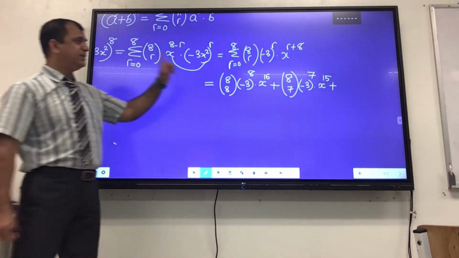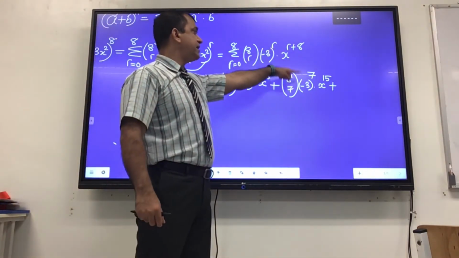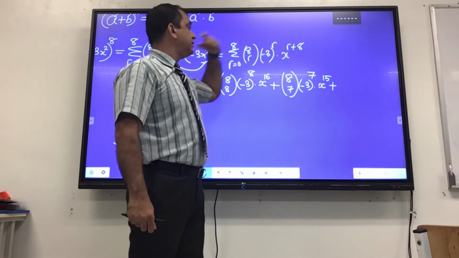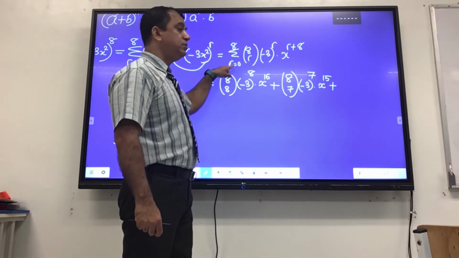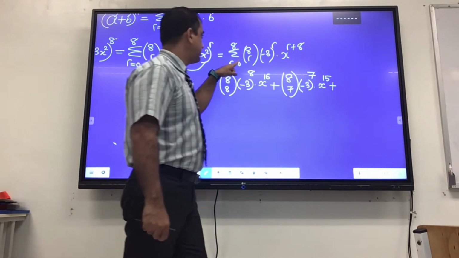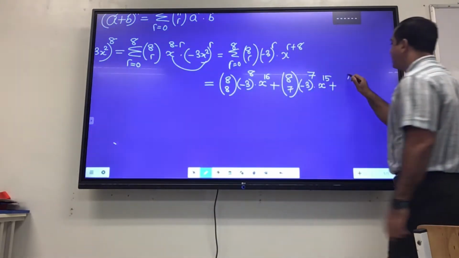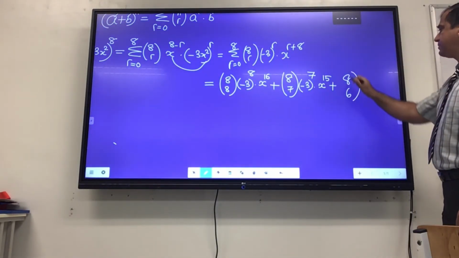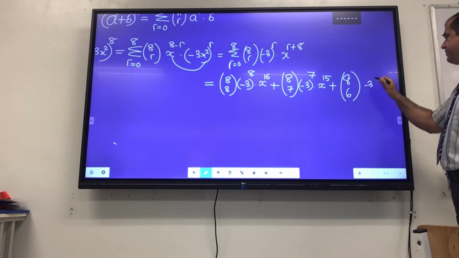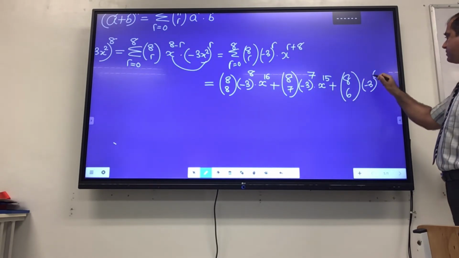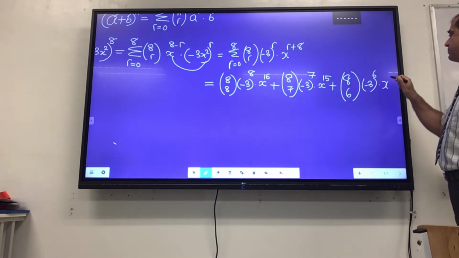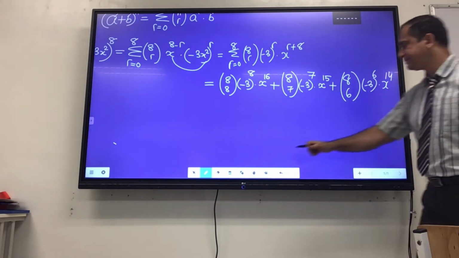In the first term I take r equal to 8, in the second term r equal to 7, and in the third term I take r equal to 6. So it is 8C6 negative 3 power 6 into x power 6 plus 8, which is 14.